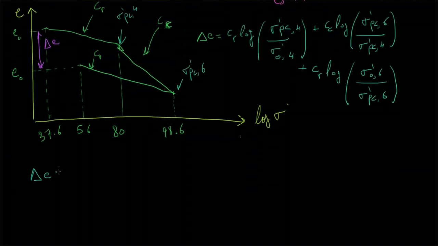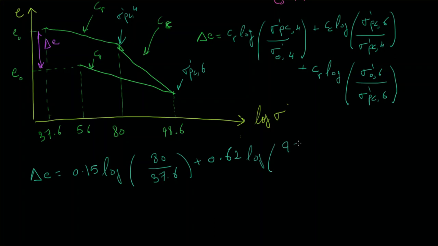Okay, so my delta e: CR is 0.15, yes. Log sigma dash BC at 4 meters is 80 over 37.6, plus CC is 0.62 log sigma dash BC is 98.6 over sigma dash BC is 80, plus CR, which is 0.15 log sigma dash naught at 6 meters, which is 56, over sigma dash BC at 6 meters, which is 98.6.